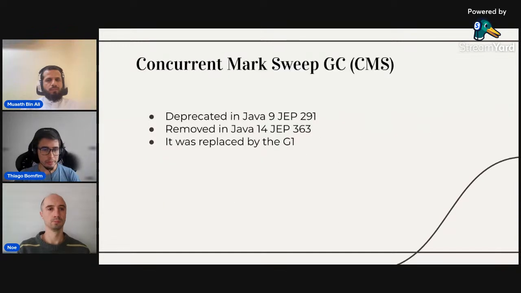And now let's talk about CMS. CMS, I don't talk a lot about that because it's deprecated. It was deprecated in Java 9 and was removed in Java 14. Here we have some JEPs if you want to search more about it. And it was replaced by G1. So let's talk about G1, which is more important.